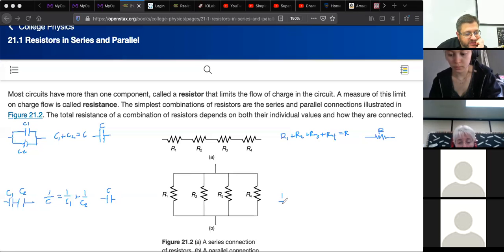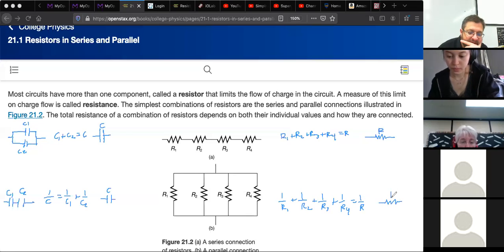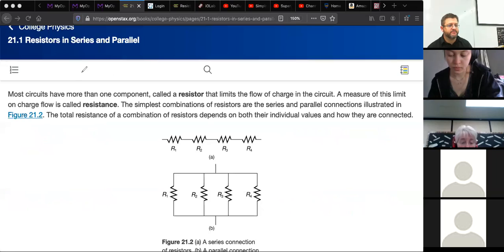So you take 1 over resistor 1, plus 1 over resistor 2, plus 1 over resistor 3, plus 1 over resistor 4 equals 1 over the total resistance, and then you can replace all these with a single resistor, resistor R, from that equation, right? And that's kind of what we've learned about capacitors and resistors so far, how you combine them.